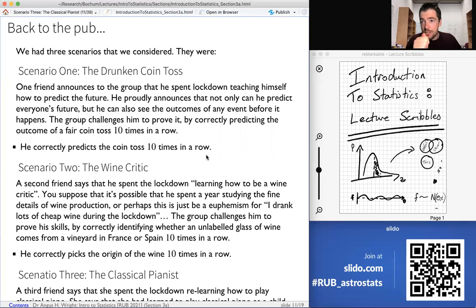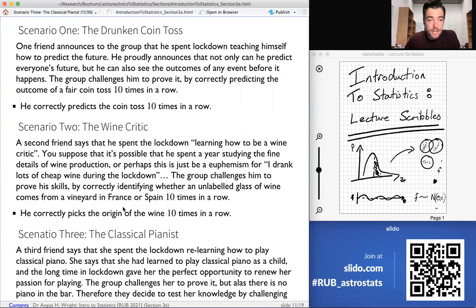So we considered these 3 scenarios. We considered our drunken coin toss, our soothsayer, who said that he can correctly predict the 10 outcomes of the coin by seeing the future, and he correctly predicts the 10 outcomes. We had our wine critic, who said that they could identify the wine from France, and they correctly identified the wine from France and Spain 10 times in a row.